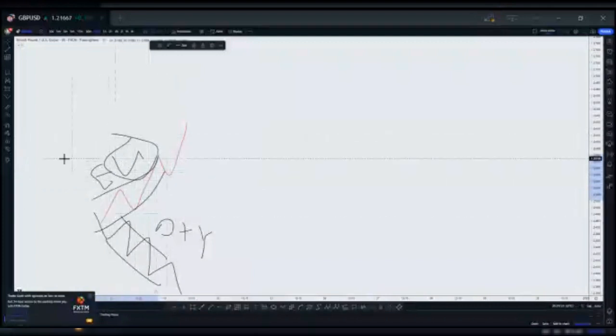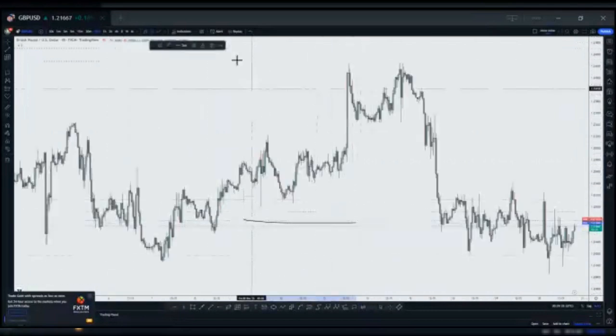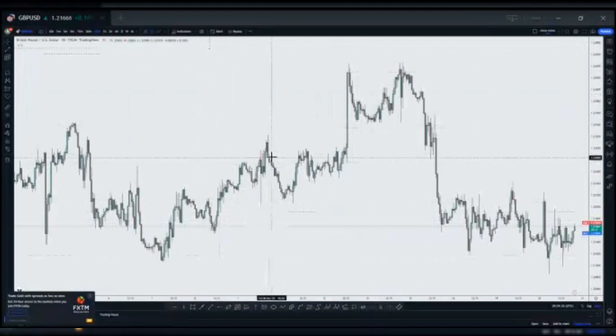Okay, so I think there was a way which we could have done that, and this applies to multiple other pairs too, not just Euro USD. Now you have USD CAD. USD CAD is kind of like going in the same direction as DXY because USD is the base of that particular pair.